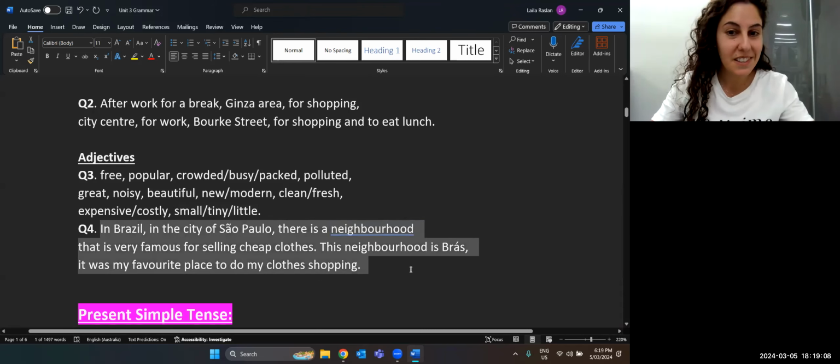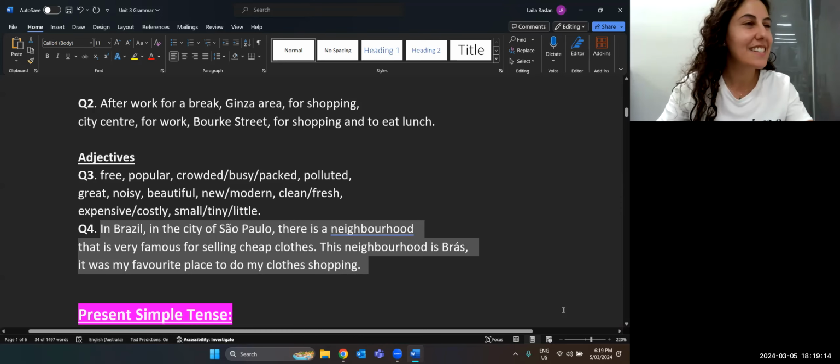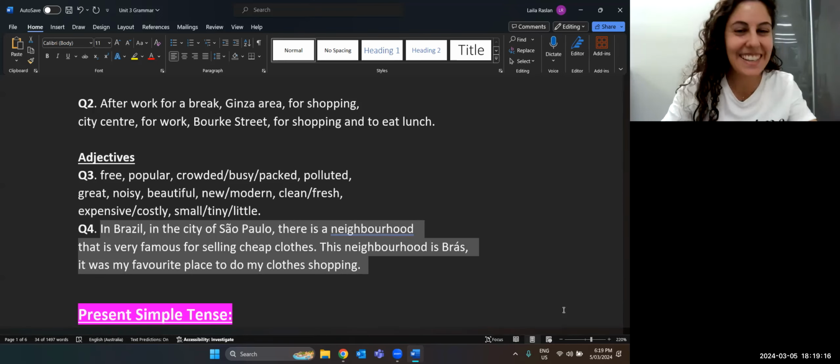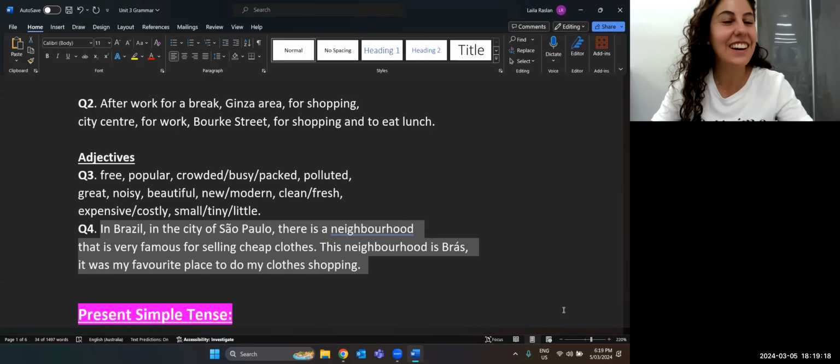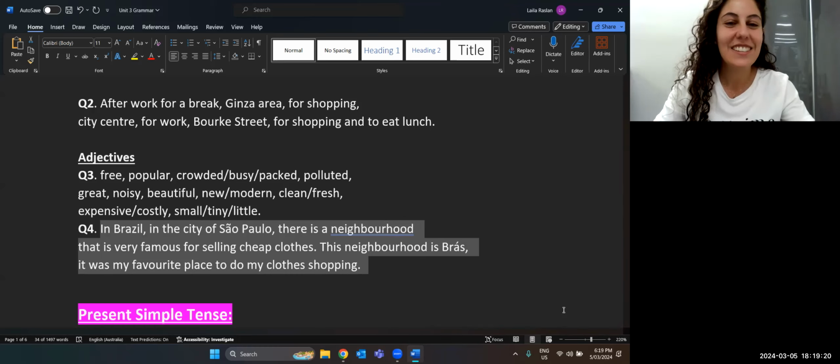In Brazil, I don't remember who wrote this one, but in Brazil, in the city of São Paulo. It's very hard, this word. In Brazil, in the city of São Paulo, there is a neighborhood.